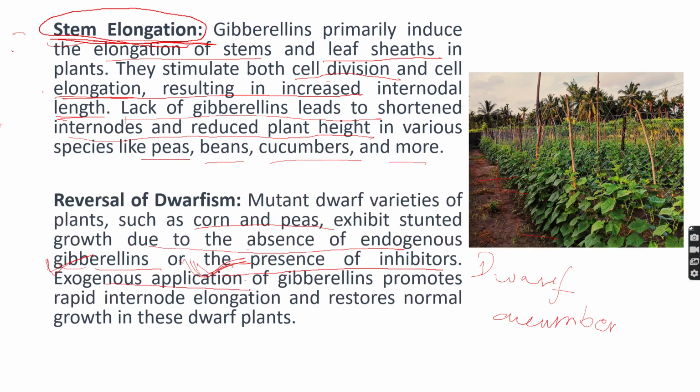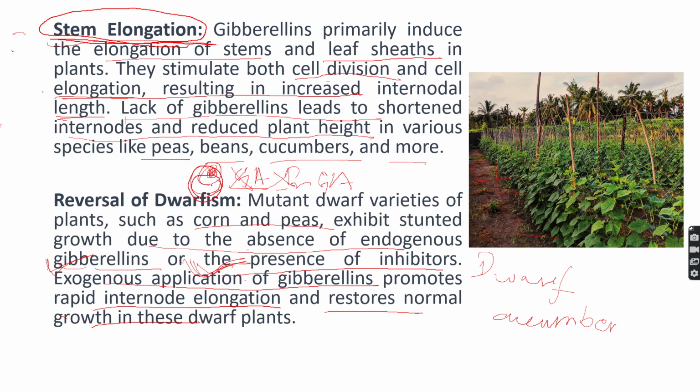Exogenous application of gibberellin promotes rapid internode elongation and restores normal growth. So if in a cell there is a receptor of gibberellin but gibberellin is absent, or there is an inhibitor blocking gibberellin, in both cases there will be no elongation.